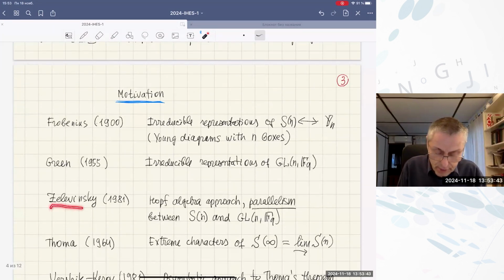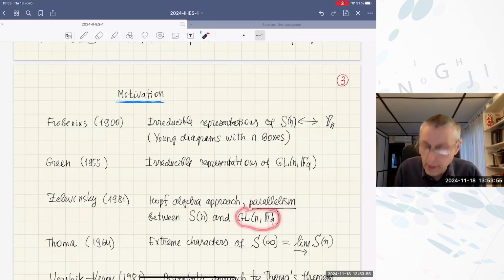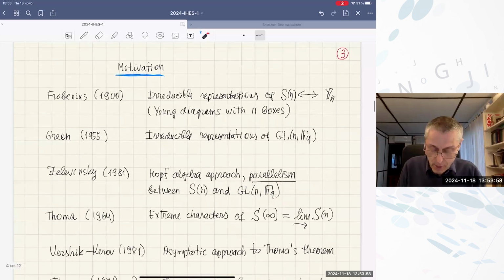Next, I would like to mention a beautiful book by Andrei Zelevinsky. He employed a Hopf algebra approach and emphasized an amazing parallelism between the symmetric group and GL of a finite field. On the other hand, Elmar Thoma introduced the so-called extreme characters of the infinite symmetric group, analogues of irreducible characters.